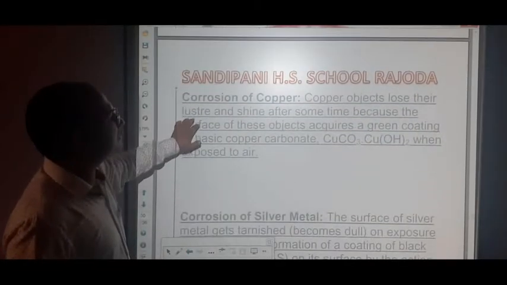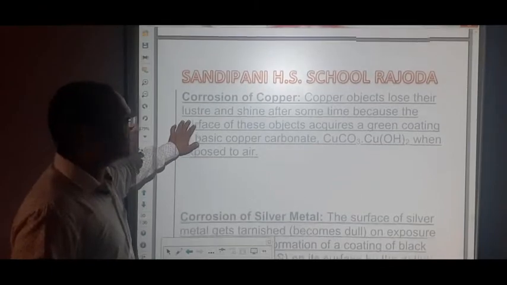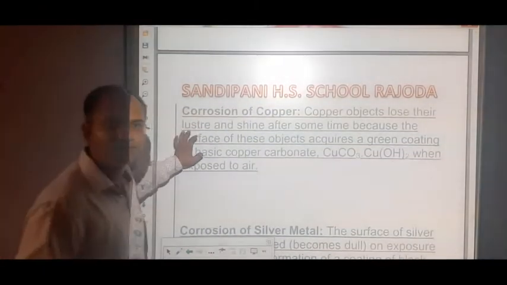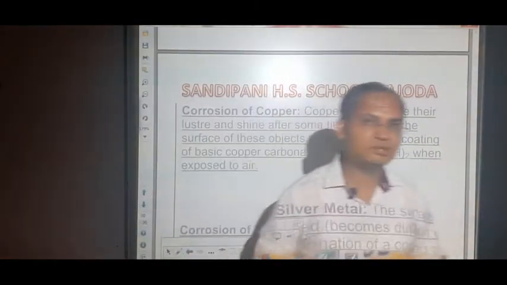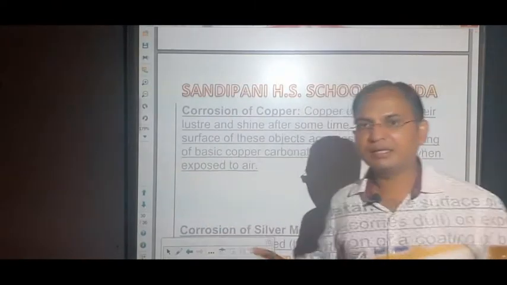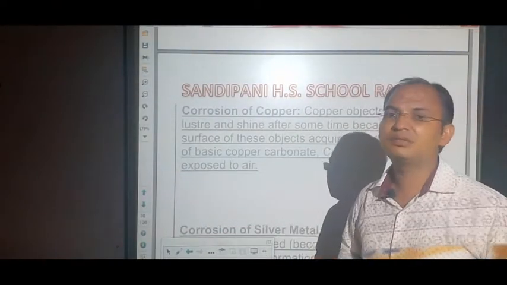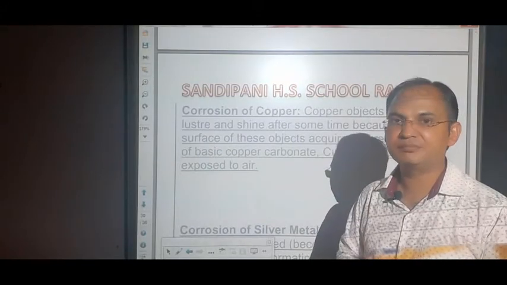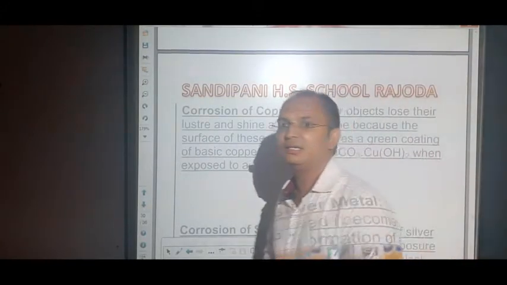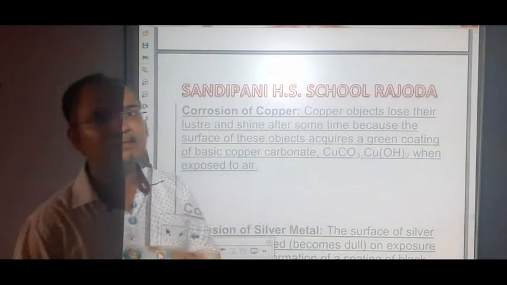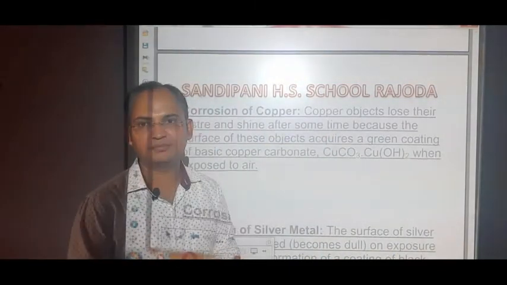Now students, the next important topic is corrosion of copper, because corrosion does not occur only in iron in the form of rust, but other metals also corrode easily. And in the list of those metals, the second metal is copper.